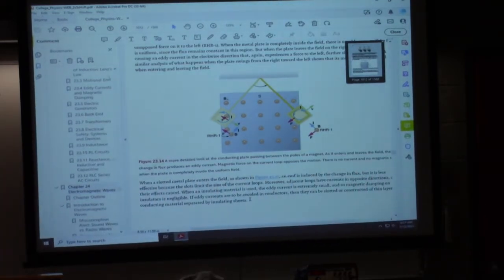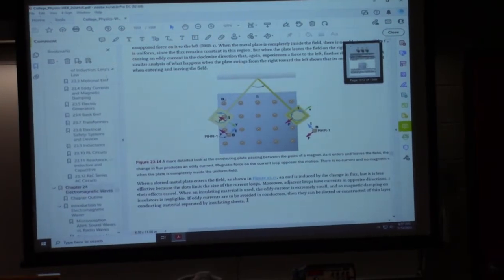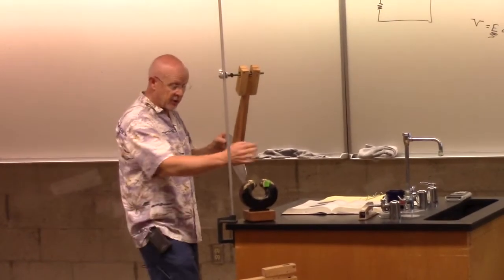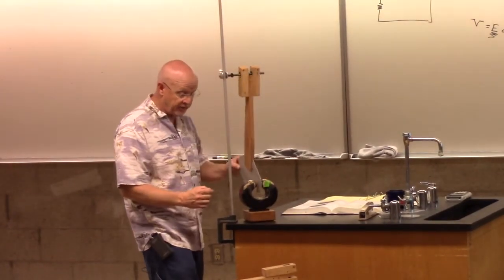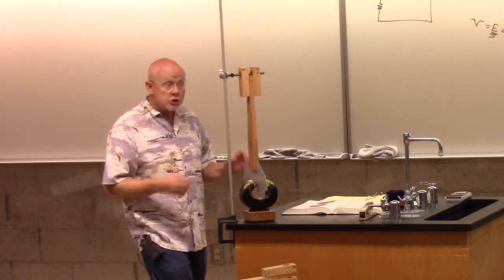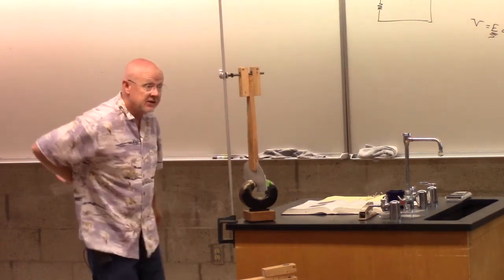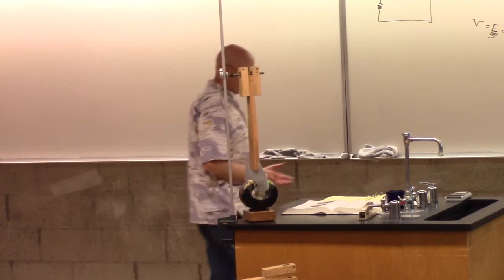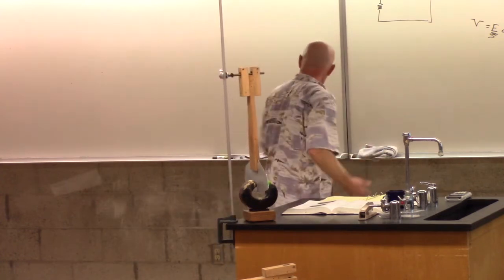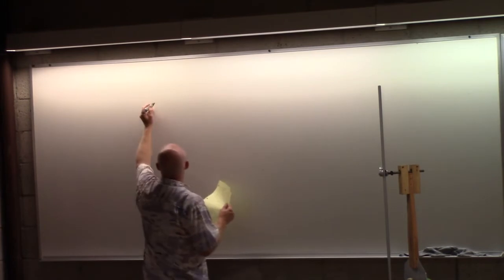But he's trying to say here that when you pull this back, and as it's falling, it goes from no magnetic field to big magnetic field. So there is a change in the flux. And the whole principle here is a change in flux then is going to make an EMF. It's going to make a current. Now, it's going to make what we call eddy currents.